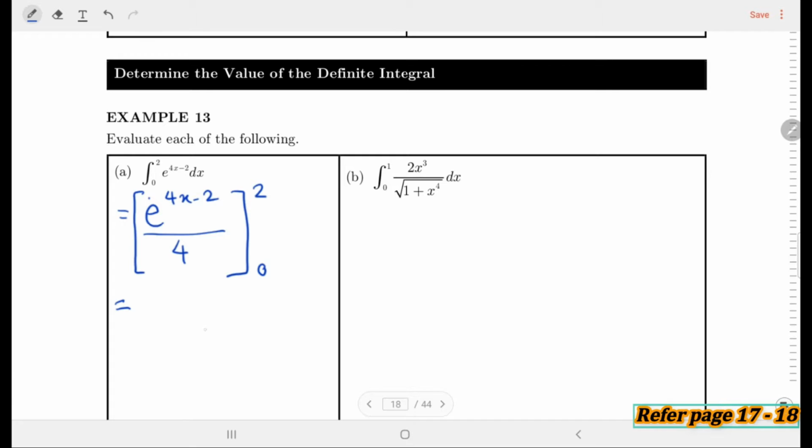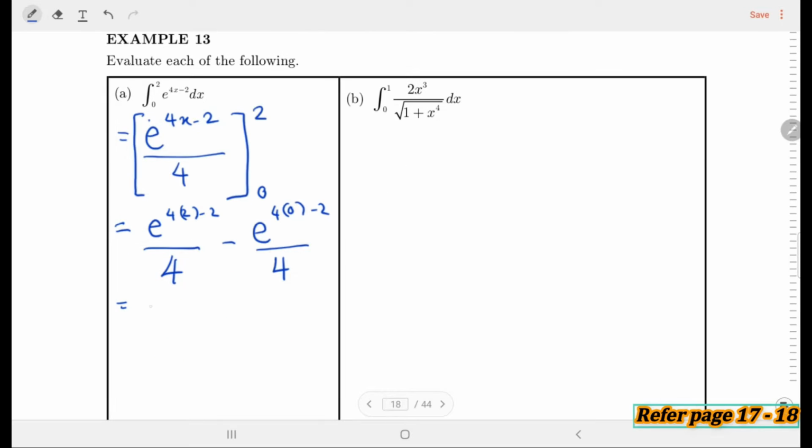Now we are going to substitute the upper limit 2 and also 0 into the integral. So e to the power of 4(2) minus 2 over 4, subtract e to the power of 4(0) minus 2 over 4.